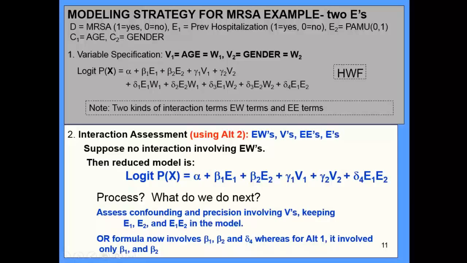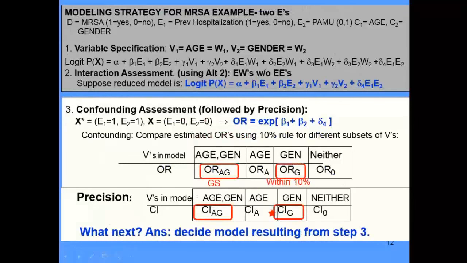Now suppose it turns out that I, again, wanted to compare 1-1 versus 0-0, high versus low, just like I did for the previous situation, but this is alternative 2. Now, this would be the formula for the odds ratio. Do you believe me? 1-1 means this is 1 versus 0, this is 1 versus 0, and this is 1 versus 0. 1 times 1 versus 0 times 0. So it's e to the beta 1 plus beta 2 plus delta 4.